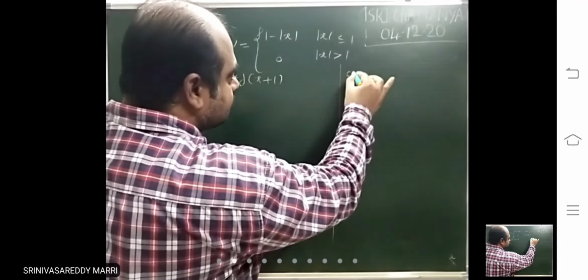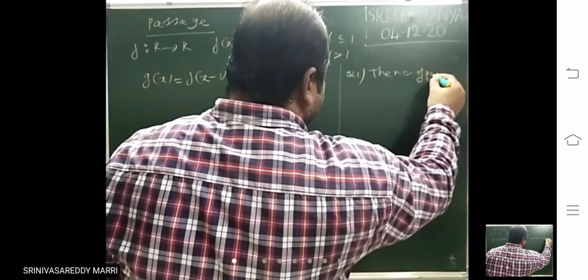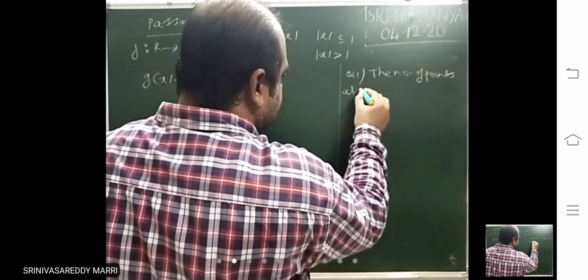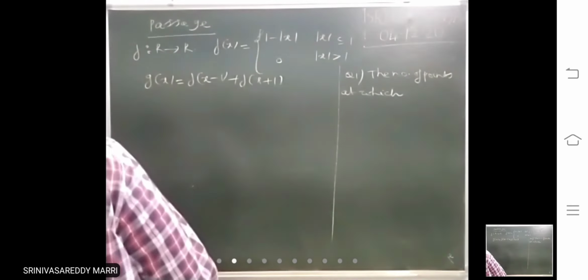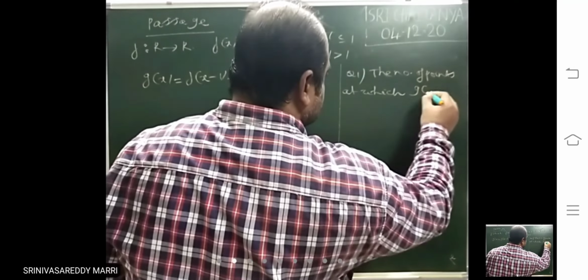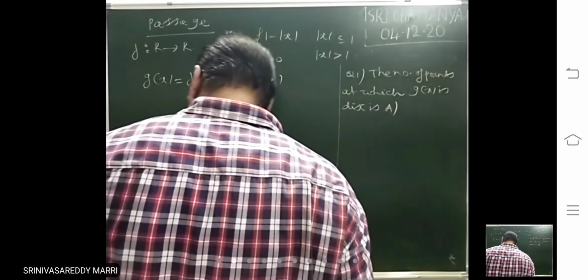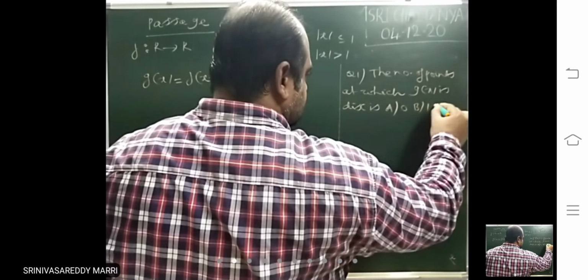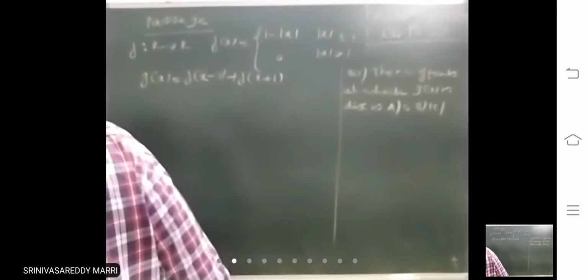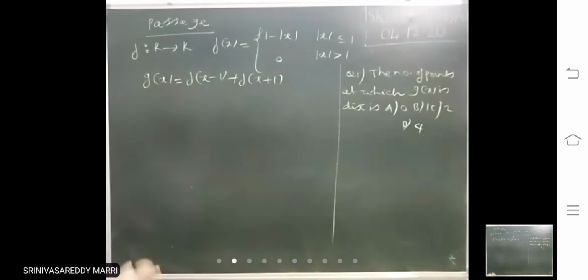Now, question number 1. The number of points at which g of x is discontinuous is... Look at this question.